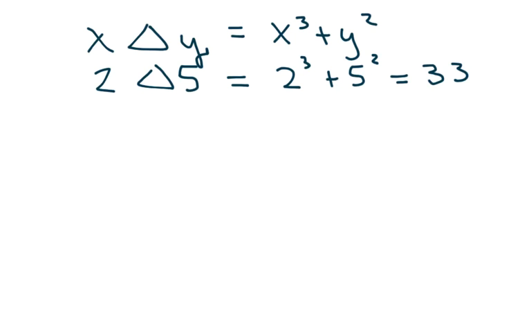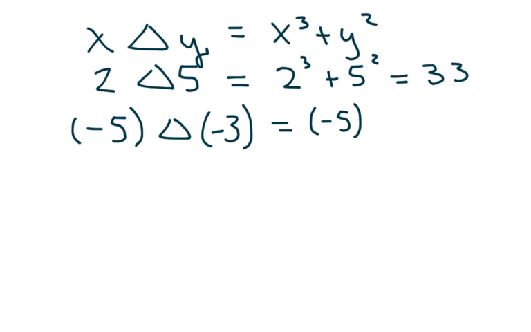Okay? Let's try this again, but let's try with a negative number. Let's try -5 triangle -3. So we have -5 cubed plus -3 squared. Now here you have to be a little more careful. -5 cubed just means -5 times -5 times -5.